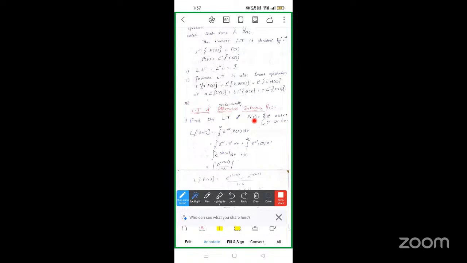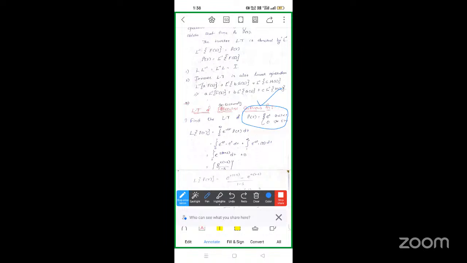So the function f of t is equal to e to the power t for 0 less than t less than 1, and 0 for t greater than 1. We have to find the Laplace transform of this function. This is a piecewise continuous function, or discontinuous function. Is that clear?